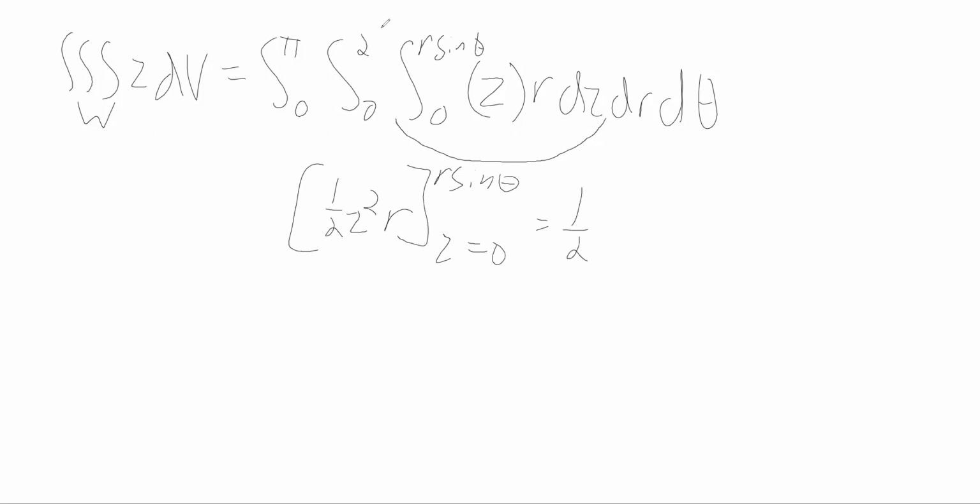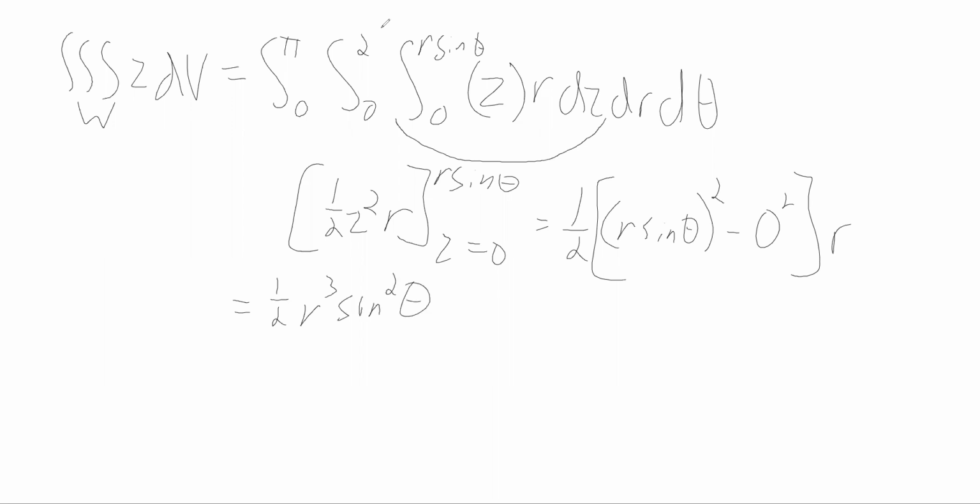So we get 1/2 (r sine theta) squared minus 0 squared times r. Putting this all together, we get 1/2 r cubed sine squared theta.